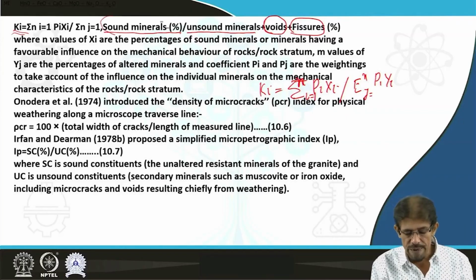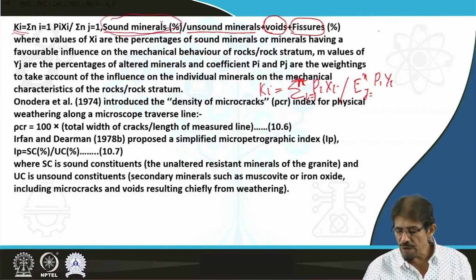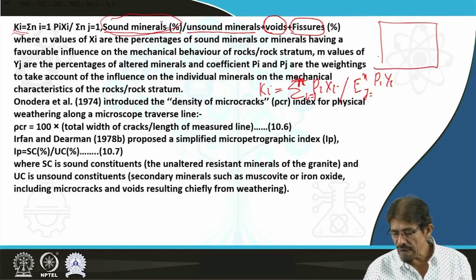So if we look at a rock, we have some intact grains and some voids present, gaps. Then sometimes we also have some fissures.